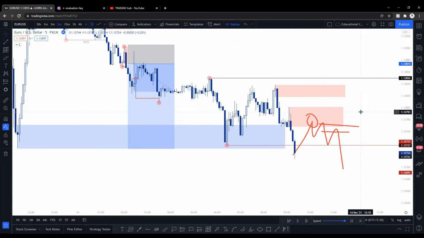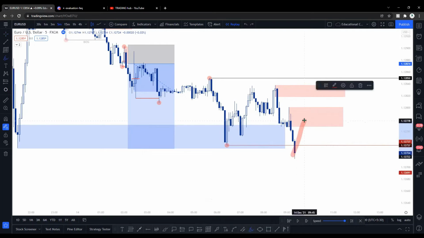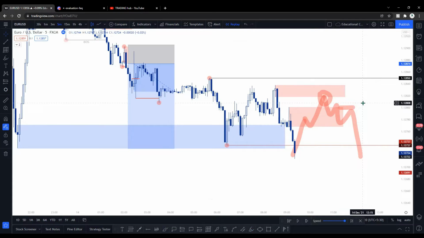Why I'm saying this: sometimes the market pushes higher, gives a little reaction, and again continues higher. If you are selling here, then very probably your stop loss will hit. So if the market pushes higher, wait for the confirmation, like a CHoCH and bounce, and sell it.